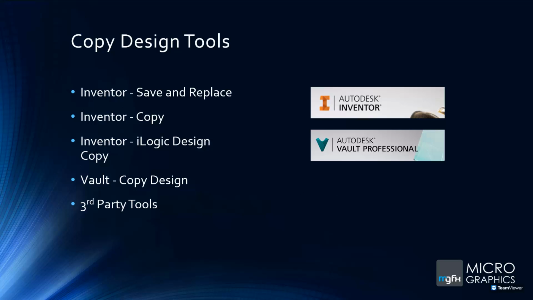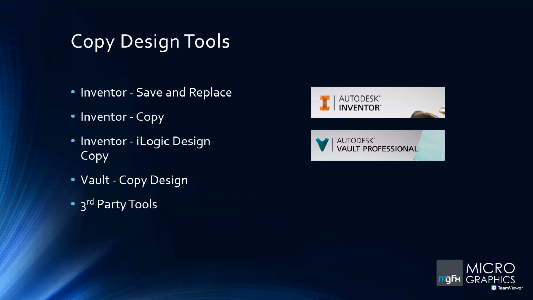Then we have the Inventor iLogic design copy, which is not used during the modeling process like the previous two. It's used right up front. You open up Inventor with no files open, go into the iLogic design copy window, and load up a project. It will then list all of the drawings, Inventor assemblies, part files, and presentation files.